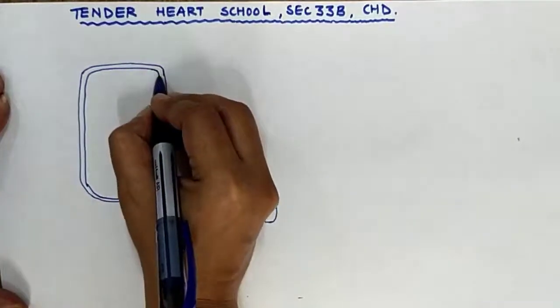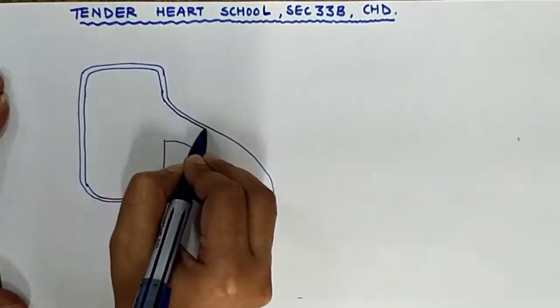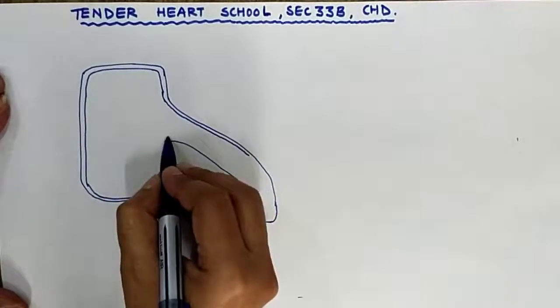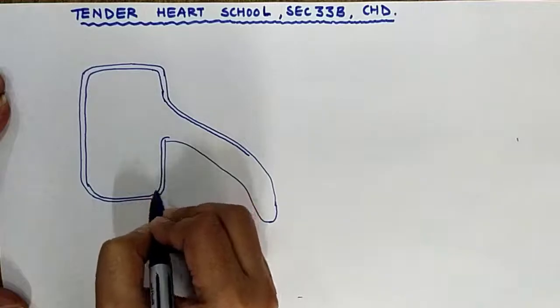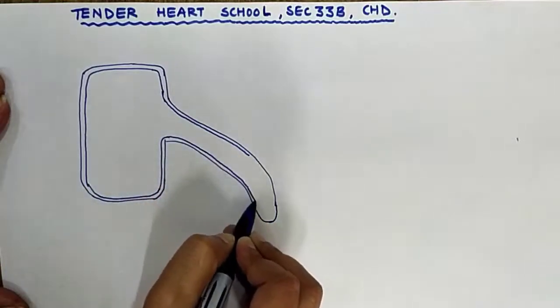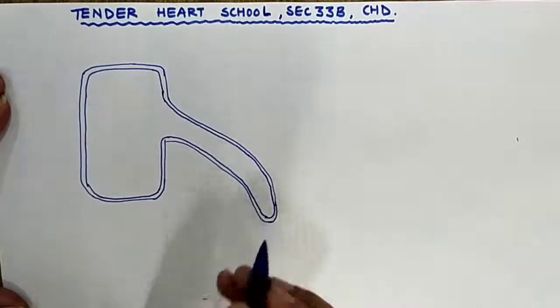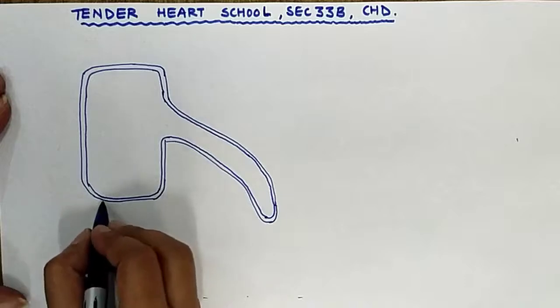So you can see outermost is the cell wall and inner to the cell wall is the cell membrane, right? So we can label it.